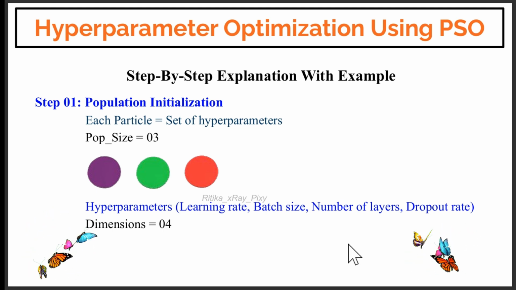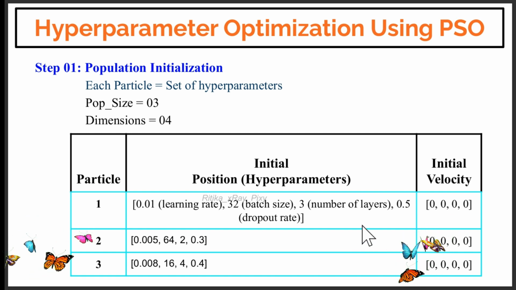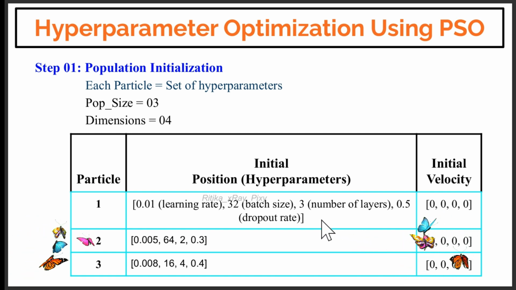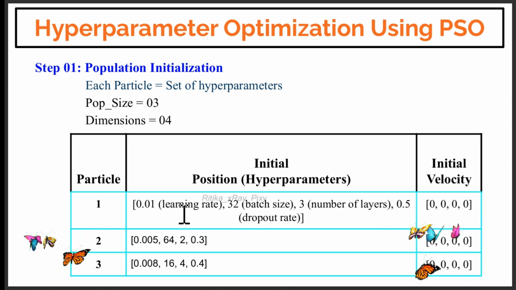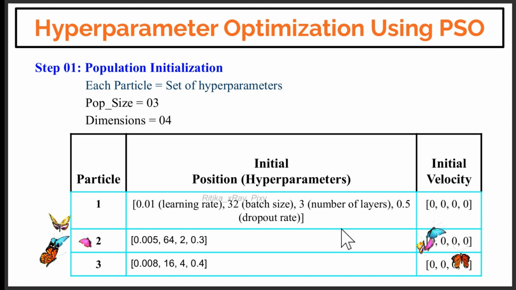For the first particle, you can see the position. We have 4 dimensions, so here it is 0.01, the first hyperparameter that represents the learning rate, 32 that is the batch size, 3 that is the number of layers, 0.5 that is the dropout rate.